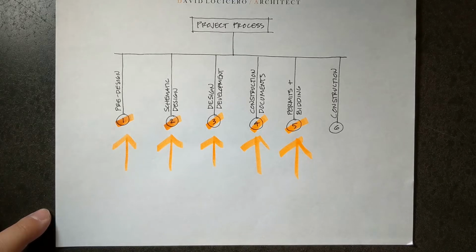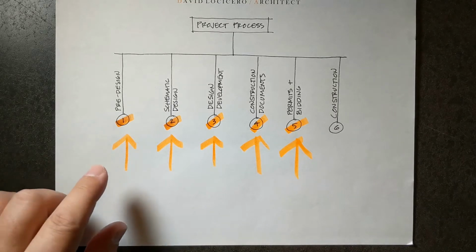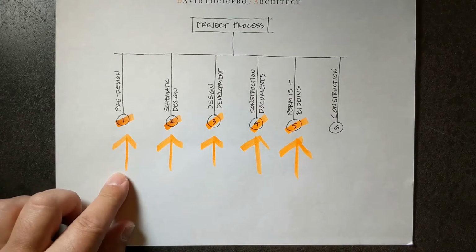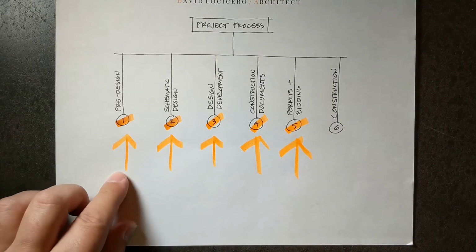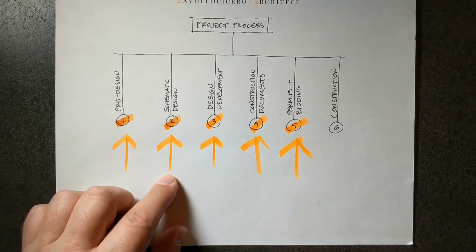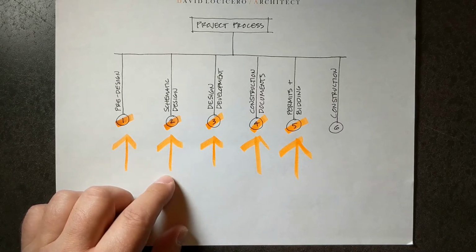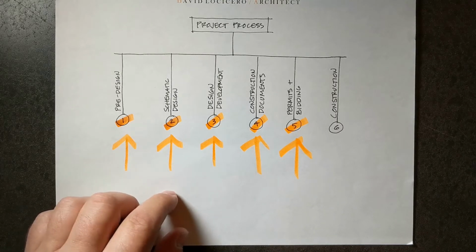Recapping where we've been in this process, we started with pre-design, which is where we collect all the information that we need in order to design the project. We've moved on to schematic design, where we've solved the problem and started to address what it's going to look like, and you've picked a design that you like out of the options presented.